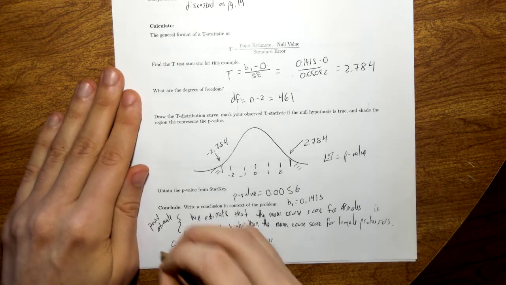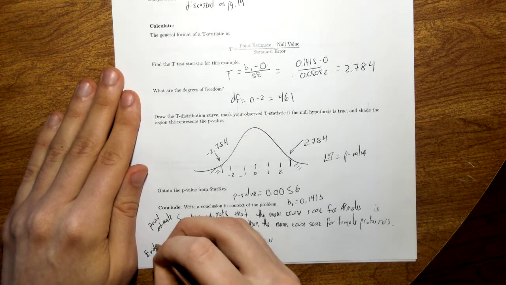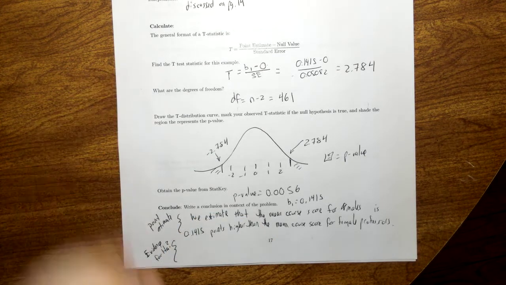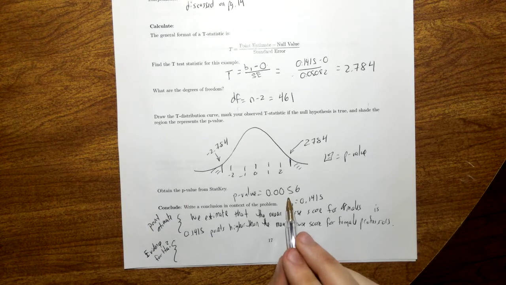Part two, just like all of our other conclusions, we want to say how much evidence there is for the alternative hypothesis. In this case, our p-value is very small.